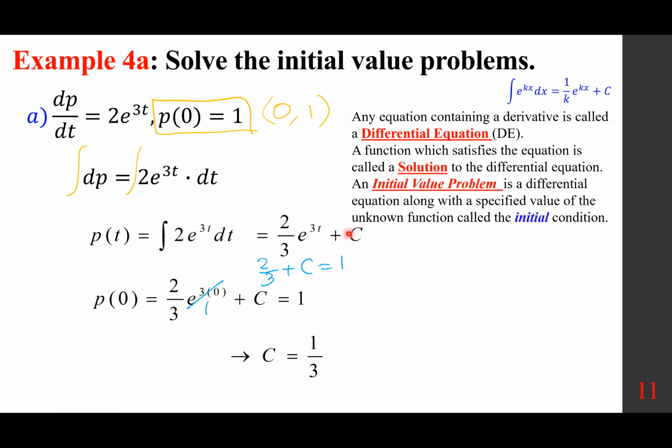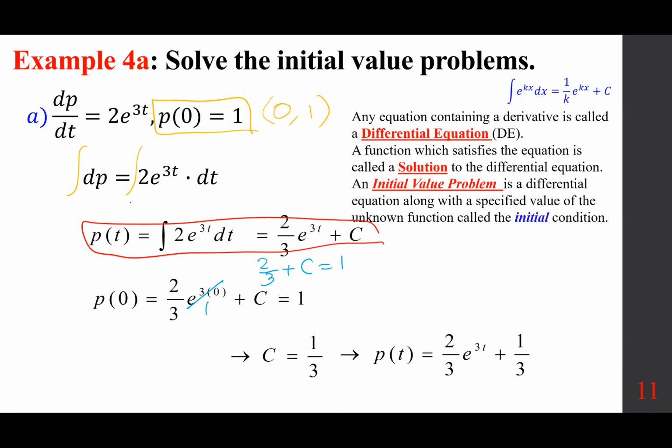And a family of functions, by replacing 1/3, becomes one unique function. So it's a general solution here. There are infinitely many different solutions with the constant.